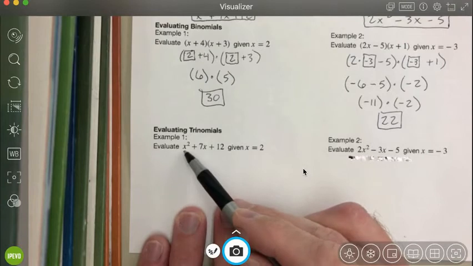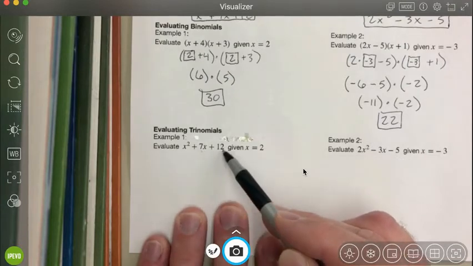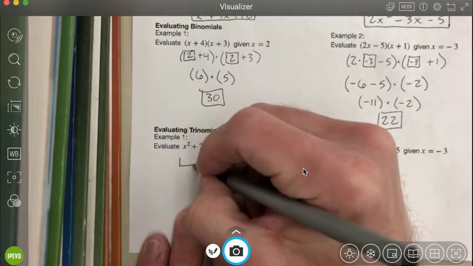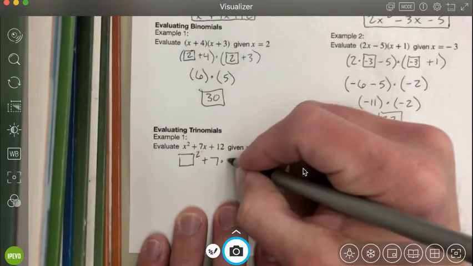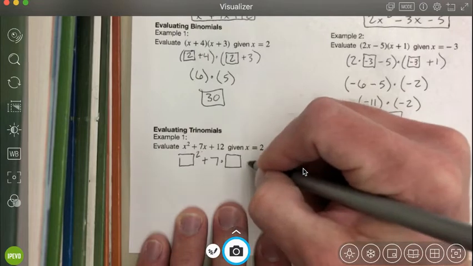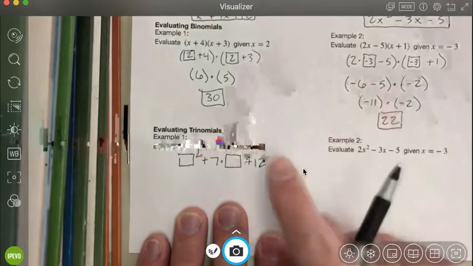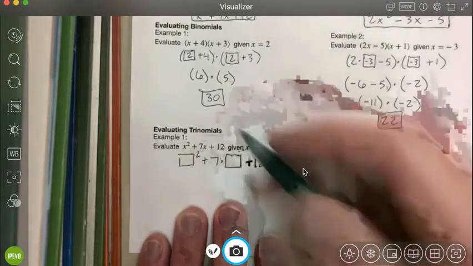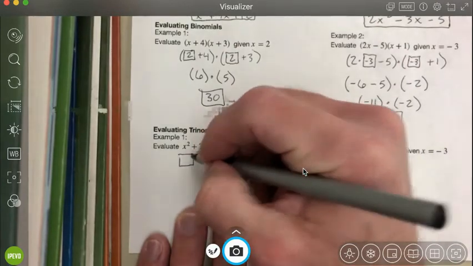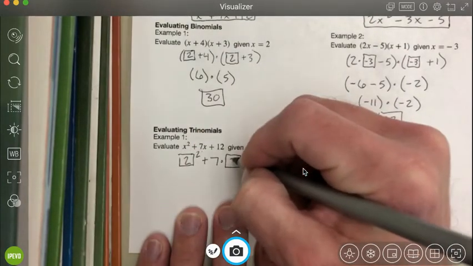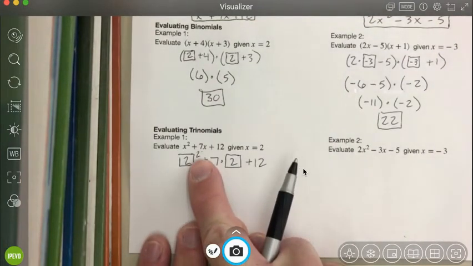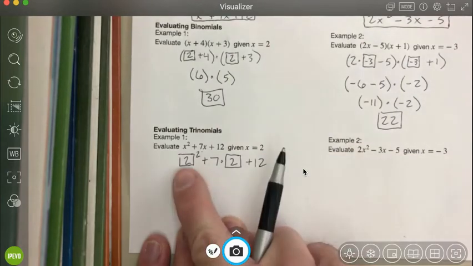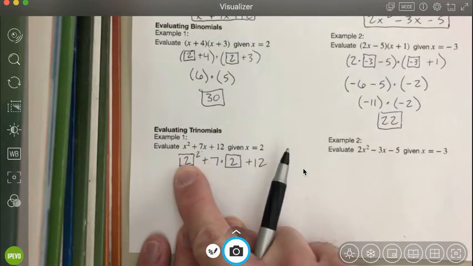So here I have x squared plus 7x plus 12. All right, so first let's make sure we realize that we're replacing x with a number. In this case, it's 2. The big thing you need to know about the squared is that it really says take this number and multiply it by itself.